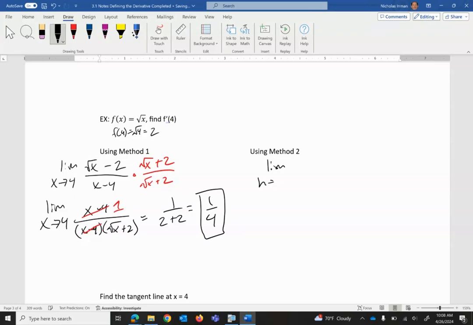All right, the h method does the same thing. If you thought that was confusing, the h method is going to be equally confusing. So we have the square root of our a plus h minus our value. That was just 2. Again, we'd have to multiply by the conjugate. There's no getting around that.